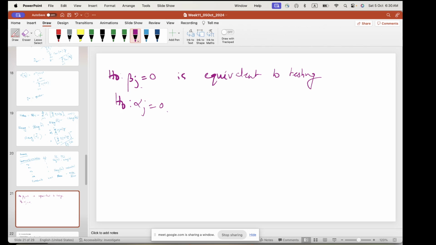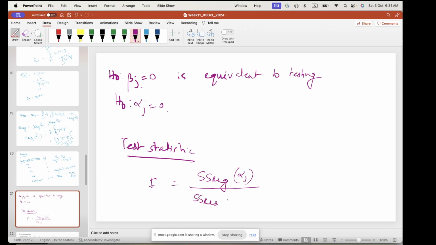Alright, so in that case we will use the test statistic F equal to SS due to regression of alpha j divided by SS residual, for a k order polynomial, n minus k minus 1.